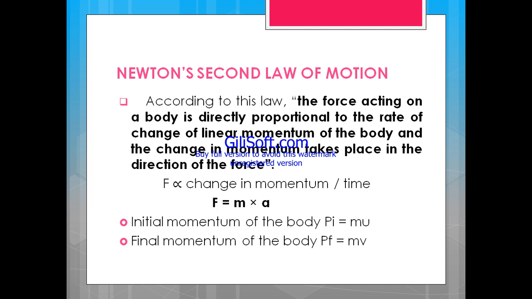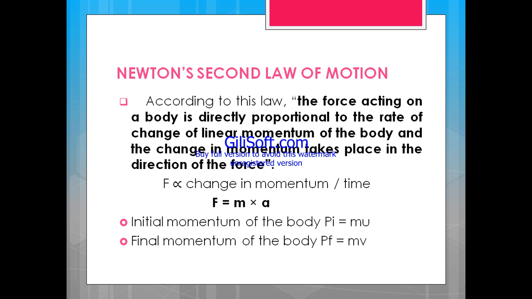If it starts from the rest position, the initial momentum of the body is Pi, so unless it starts, the entire thing is at 0 position. The initial momentum Pi is equal to mu. Acceleration is the change in velocity by time taken. The initial velocity we denote as u, and the final momentum of the body, Pf, is equal to mv.